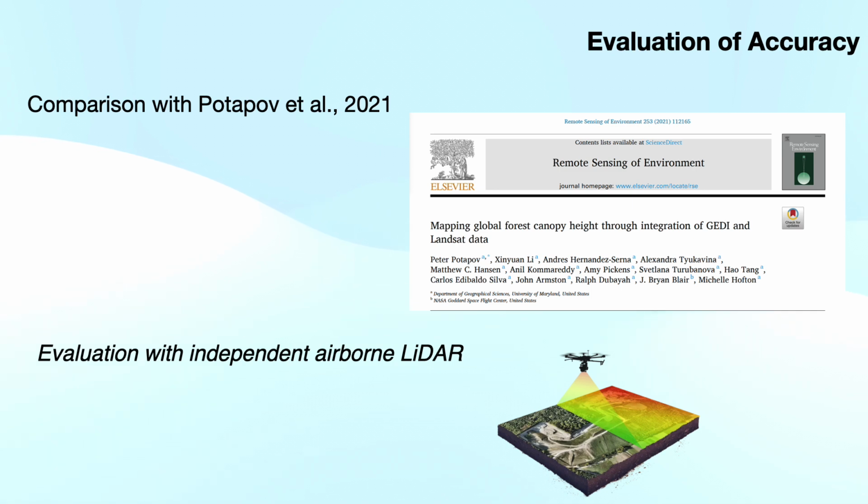They found that overall their prediction is more accurate than Potapov's, as evaluated with the reference GEDI height. They then compared this with more spatially fine LiDAR estimates of canopy height at different independent sites, and again found that they produced a better model.